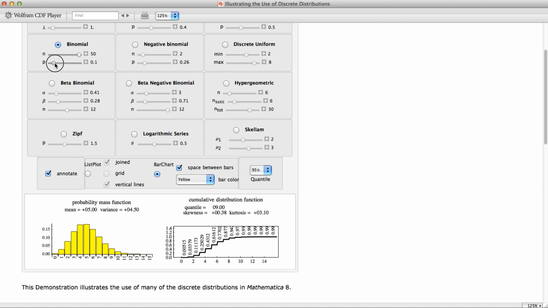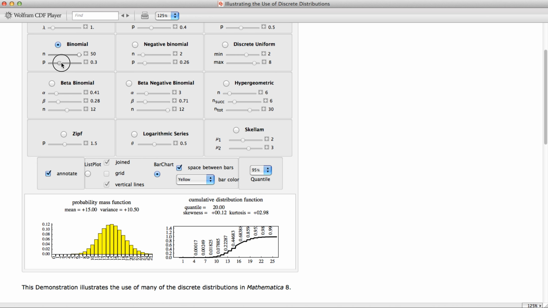If you start increasing the value of p, you are going to have an increase in the variance. Now, we want low variance, but sometimes you just get a high variance because there are so many values.